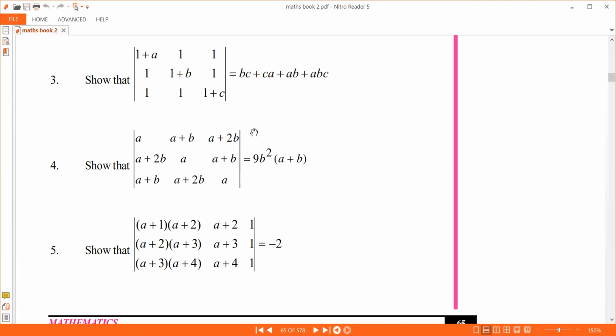Once again, write the question. Yeah, you can write the question. A plus b, a plus 2b, a plus 2b, a plus b, a plus b, a plus 2b, a. A plus B, A plus B. Okay, we'll write this. I wrote it. A plus B, A plus B. A plus 2B, A plus 2B.